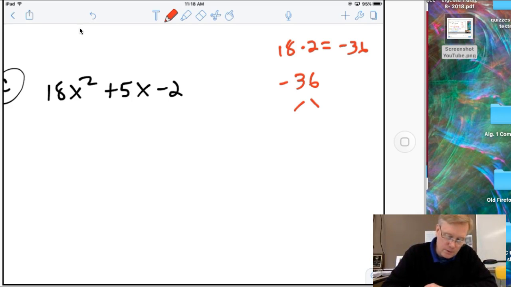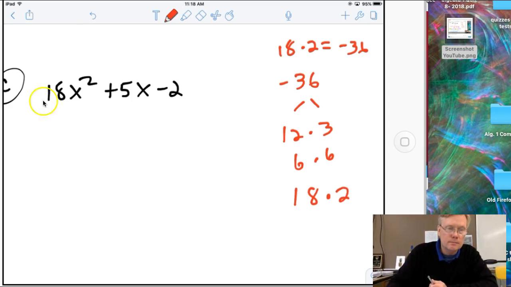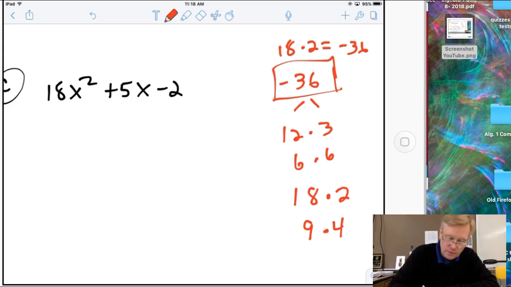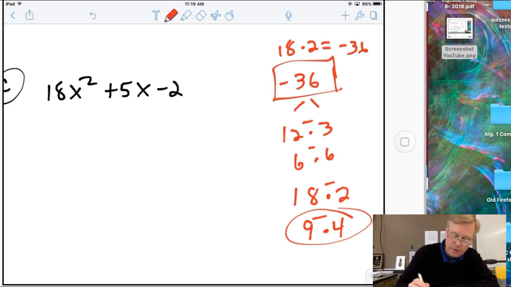And factors of negative 36 would be 12 and 3, 6 and 6, 18 and 2, and 9 and 4. All right, so I know one of them's got to be negative because it has to multiply to a negative number. So if I make that one negative, that doesn't add up to 5. That one's 0, that one's 16, that one. If I make the 4 negative, then they add up to 5.